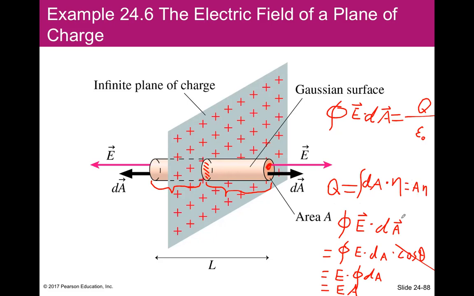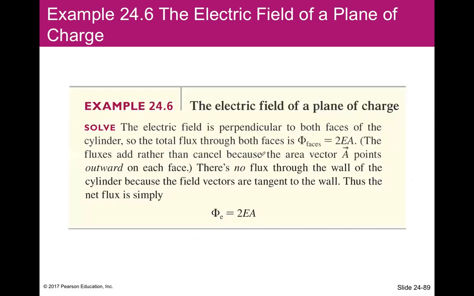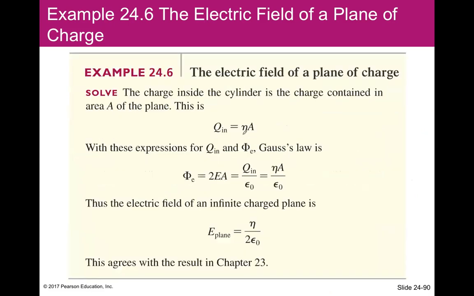So Q is A times eta, and the flux integral equals EA times 2, because you have two end surfaces. So you have 2EA for the flux and eta times A for the charge. Then phi equals 2EA, which equals Q over epsilon 0, and Q equals eta A as we calculated.